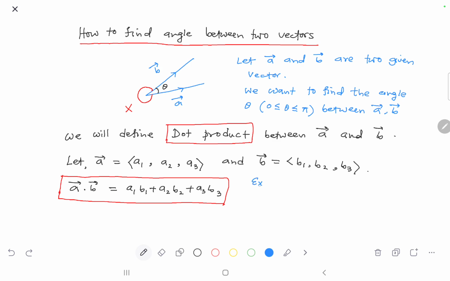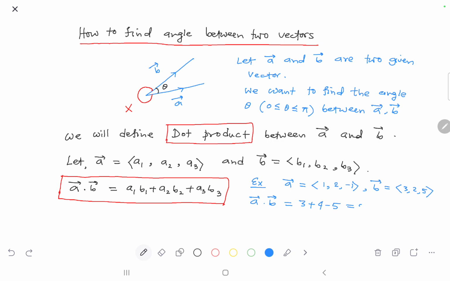So let's say an example. A vector is given by the components, let's say 1, 2 and minus 1. And let's say B vector has components 3, 2, 5. Now if we calculate A dot B, can you tell me what will be the dot product of these two vectors? 3 plus 4 minus 5.